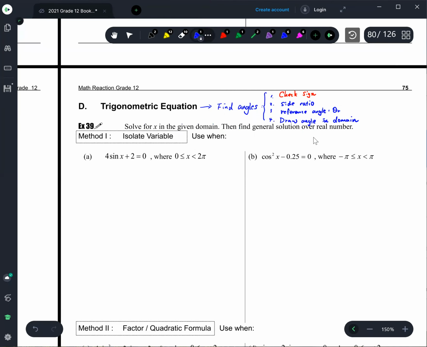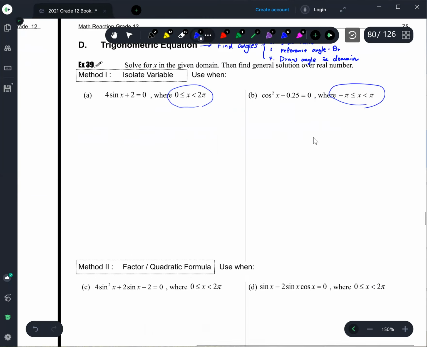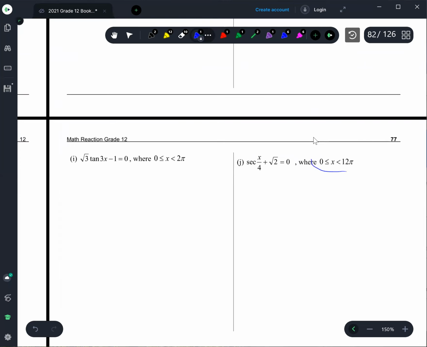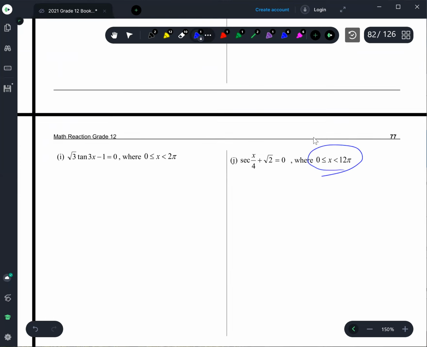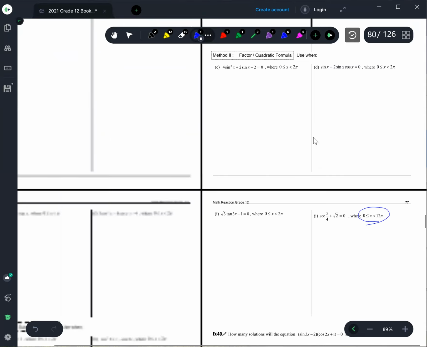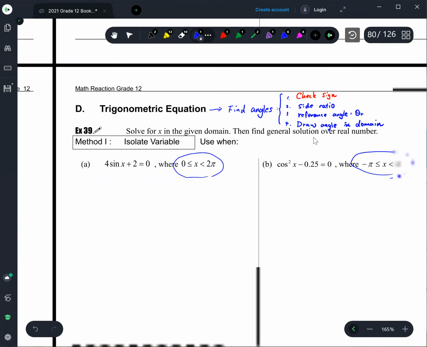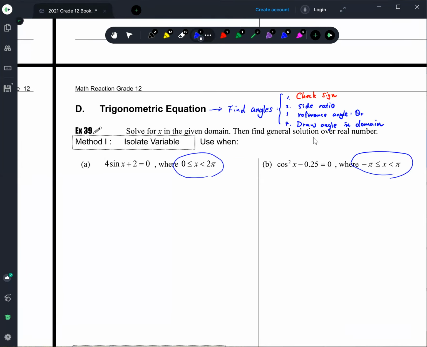So you can see that we have 0 to 2 pi, and this is called a domain. Negative pi to pi, and then later you have other domains, even bigger ones, 0 to 12 pi. So those are called a domain. You only want to give the answers that are inside the domain.